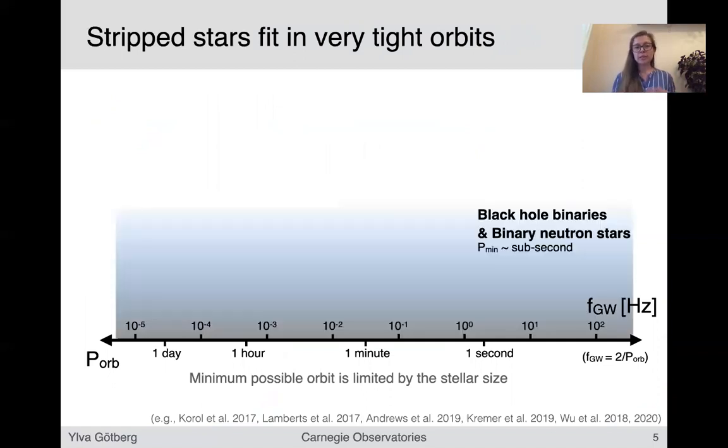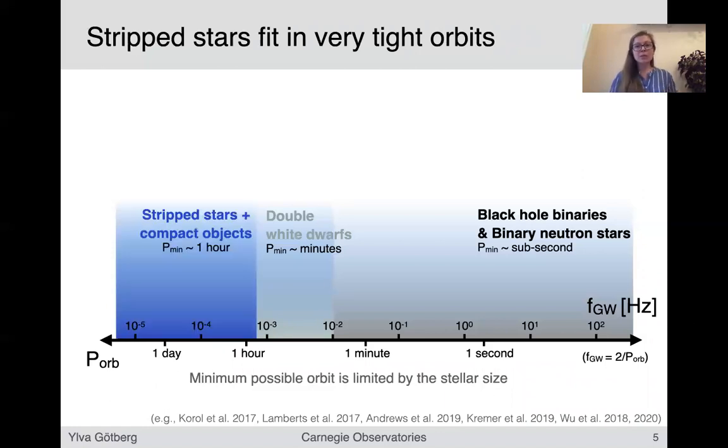gravitational wave binaries, black hole binaries and binary neutron stars can reach down to sub-second periods, and double white dwarfs to about minutes. But stripped stars orbiting compact objects can also reach really short periods of down to about an hour.